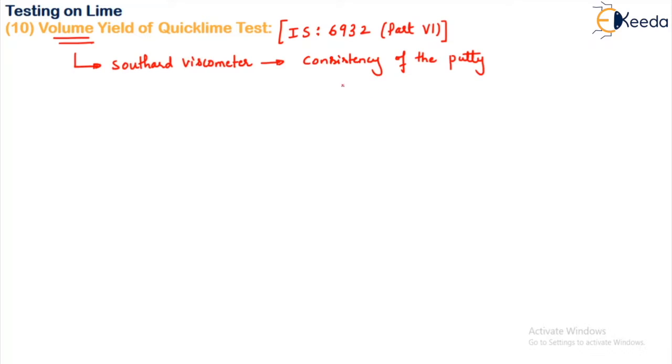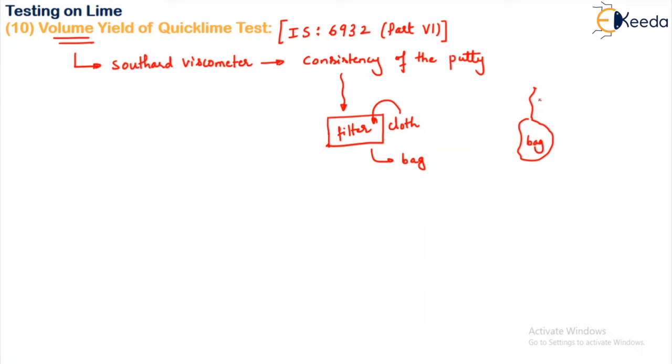So what we do is we take a sufficient quantity of putty and fill it in a filter cloth, and we make sure that we convert this cloth in the form of a bag. Then we will suspend this bag with the help of a cord onto one vessel.